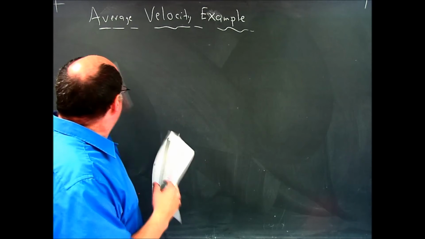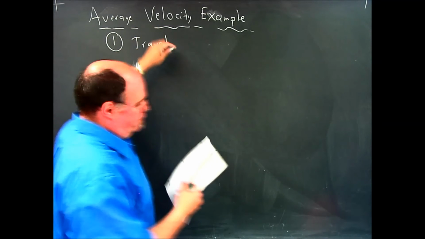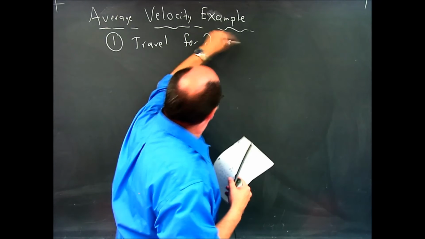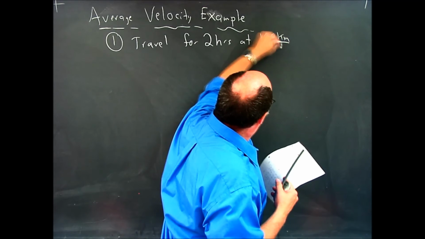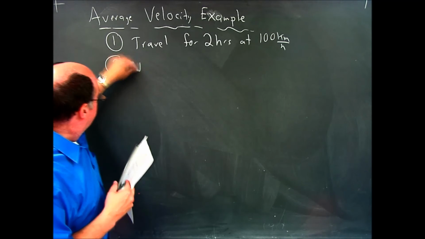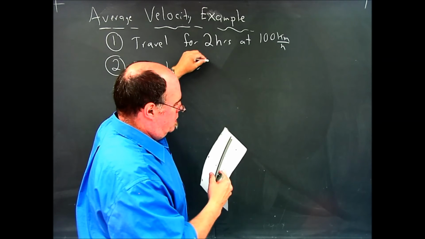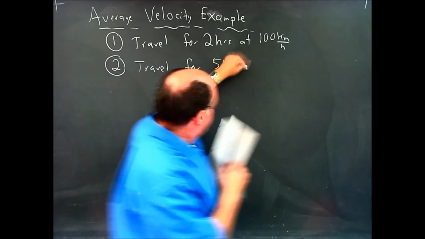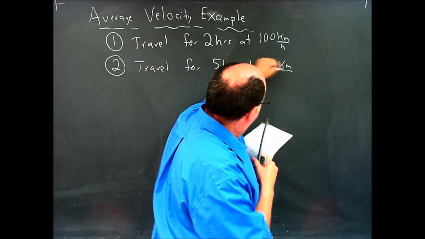Okay, so in the first part of their journey, let's say they're going to travel for 2 hours at 100 kilometers per hour. And then for the second part of their journey, they're going to travel for 5 hours at 60 kilometers per hour.